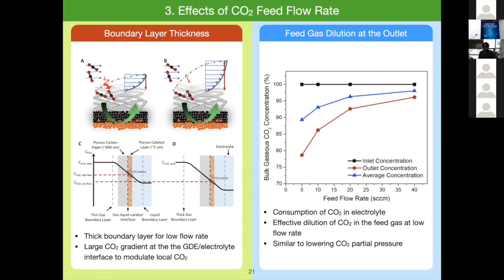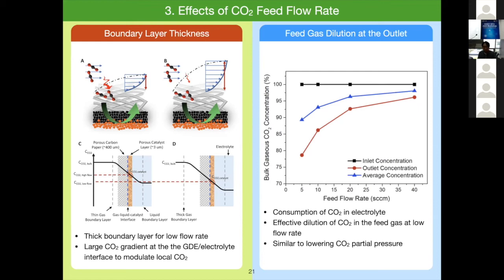And also, what he found is that during CO2 evolution, the solution becomes highly alkaline, and in an alkaline electrolyte, CO2 actually chemically dissolves into carbonate. So we are losing the reactant in the form of carbonate, and that effectively dilutes the CO2 concentration or the CO2 partial pressure.